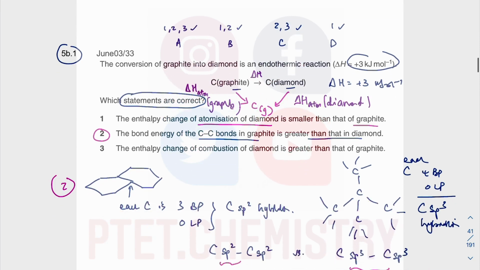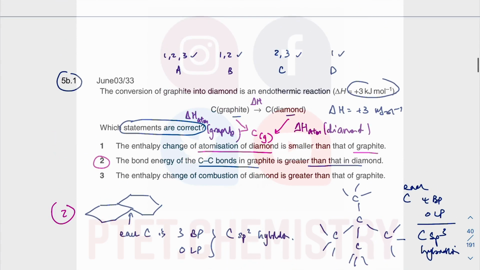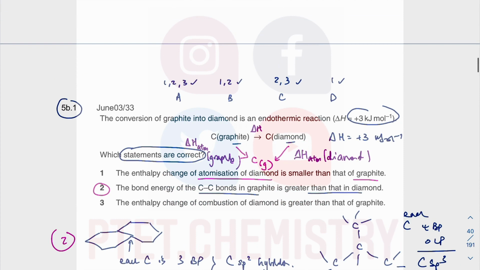Okay, so if we look at option 1, I'm just thinking about space. Okay, I'll go here. Okay, so in terms of Hess law, if you apply Hess law correctly, going this way is the same as going this way and then going that way, so you have to minus that. Okay, so delta H is equal to delta H atomization of graphite minus the delta H atomization of diamond.